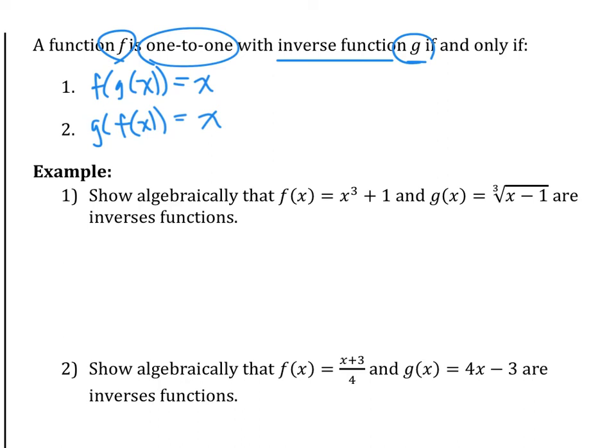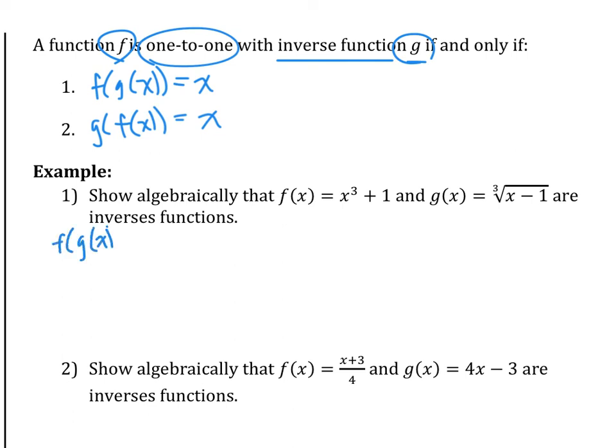Let's look at the first example. Show algebraically that f of x equals x cubed plus 1 and g of x equals cube root of x minus 1 are inverse functions. So if we want to show algebraically that this works, what we're going to do is apply what we just learned. Put g inside f, we should get an x. Okay, let's try that.